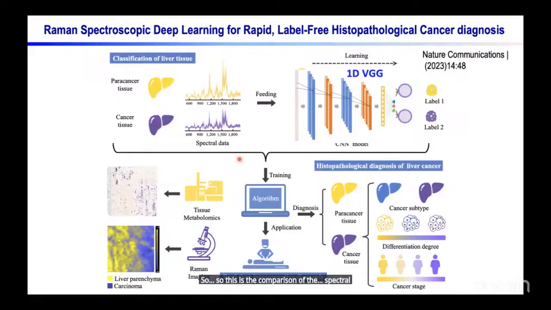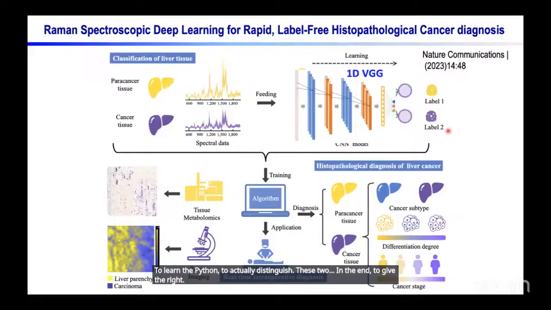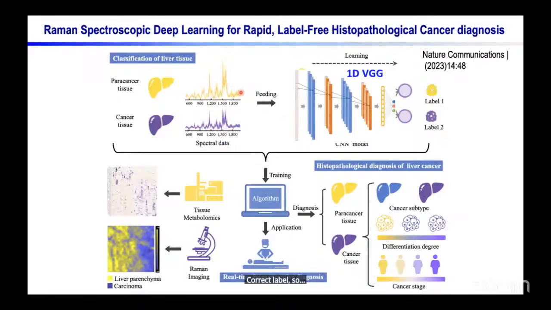We want the AI to learn the pattern to distinguish these two types of spectra, in the end to give the correct label. So for the first one, the label must be yellow. For this one, the label must be purple.